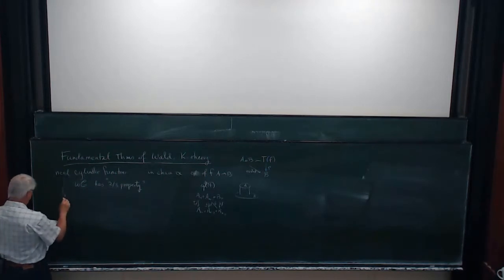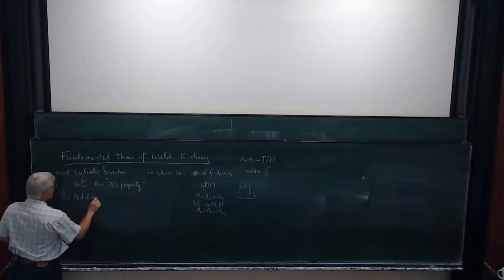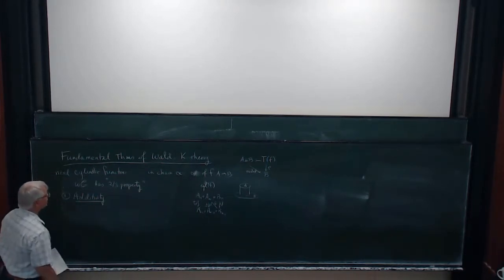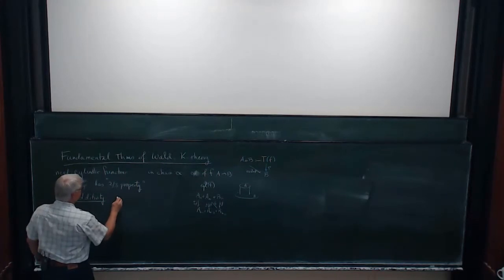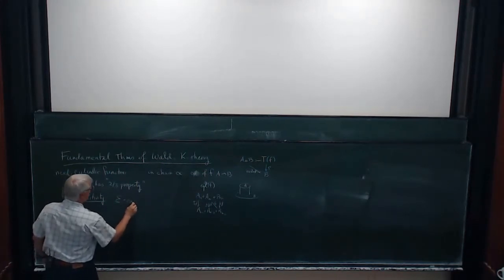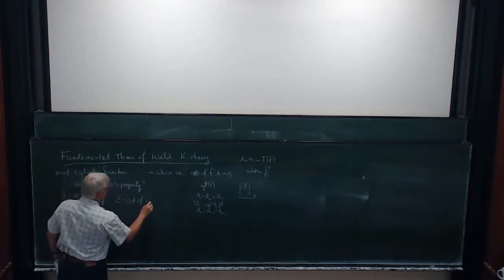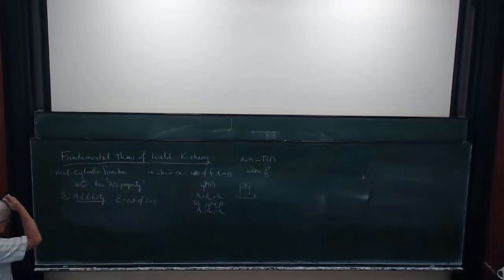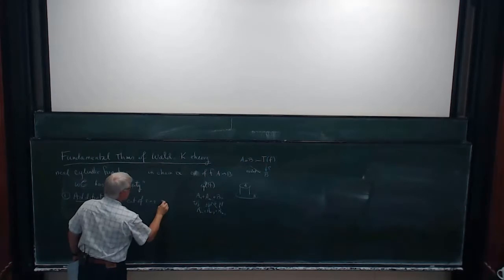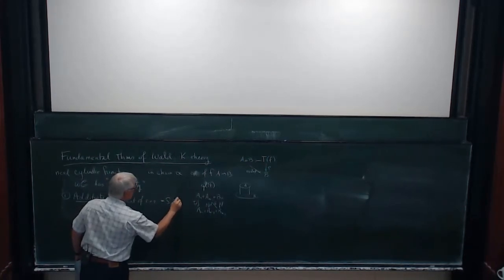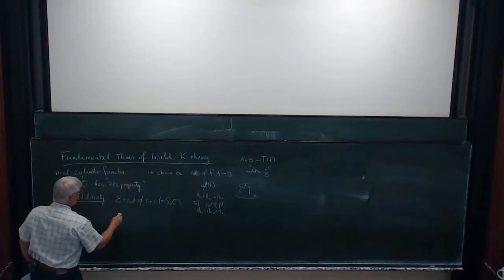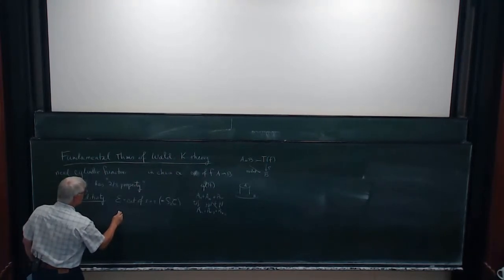Okay, so the first one is additivity. And it has lots of equivalent formulations. So if I look at the category of short exact sequences, and I want to remind you that this is the same thing as S_2 of C, that you have functors.